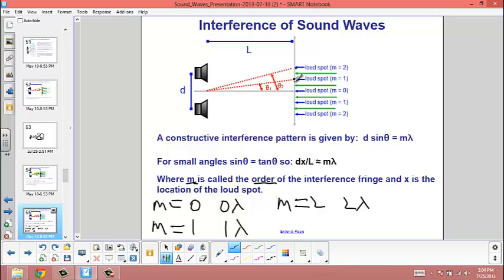So if M equals 1 is 10 centimeters above the 0th fringe, you'd have another constructive interference that is associated with them being off by 1 wavelength, that same distance below. And again, we have 2 and 2. If there were a 3 above here, there would be a 3 below also. Symmetry is a beautiful thing.